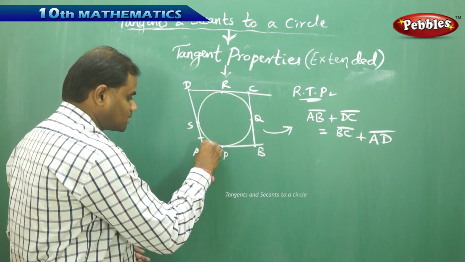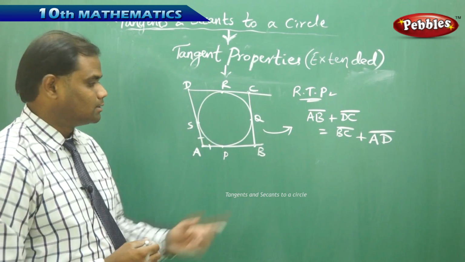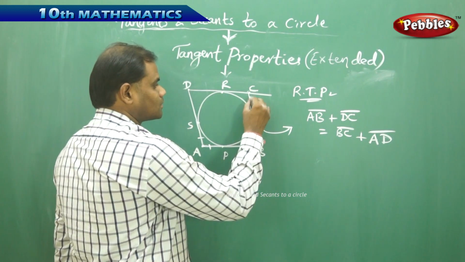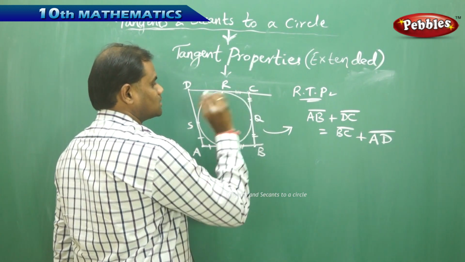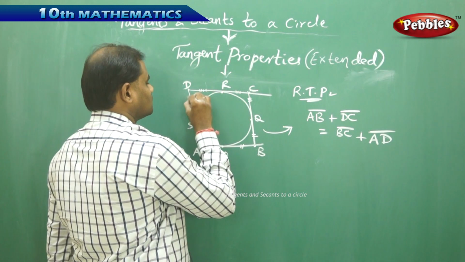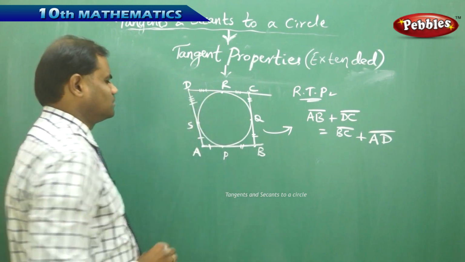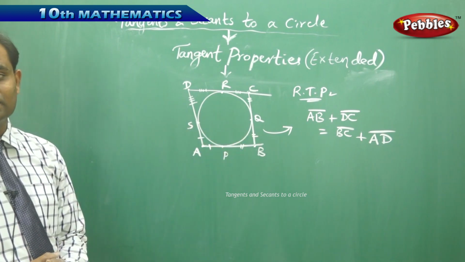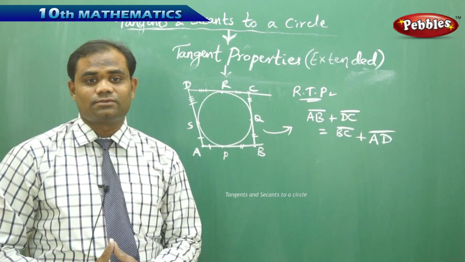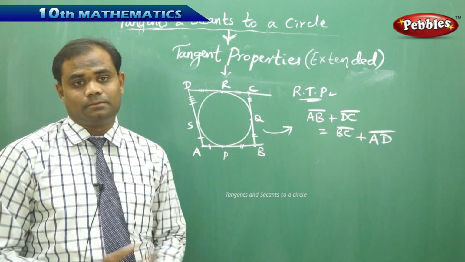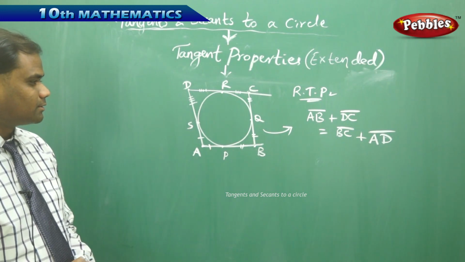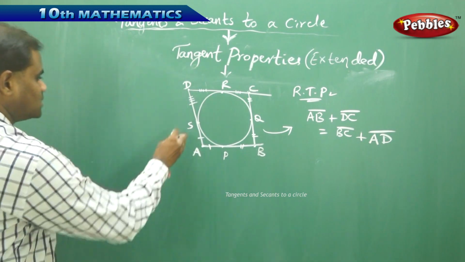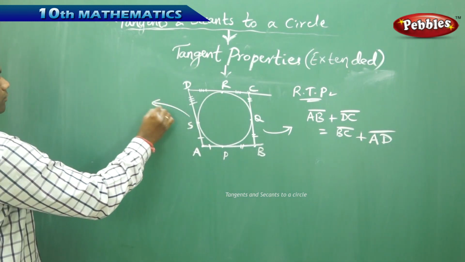Therefore, AP must be equal to AS. Similarly, BQ must be equal to BP, and so on, so each pair is equal, because the lengths of tangents from an external point are equal. So using that condition, let's prove AB plus DC equals BC plus AD.